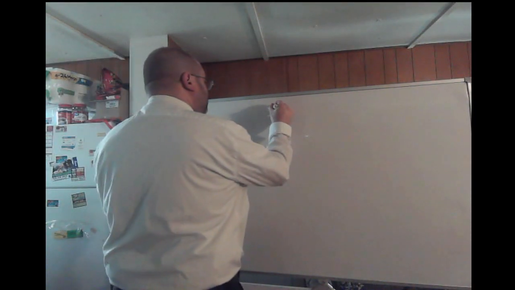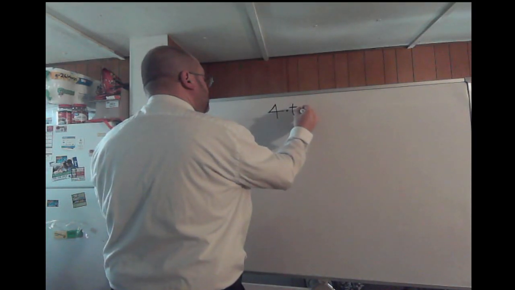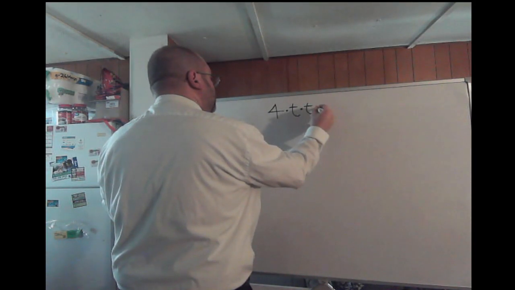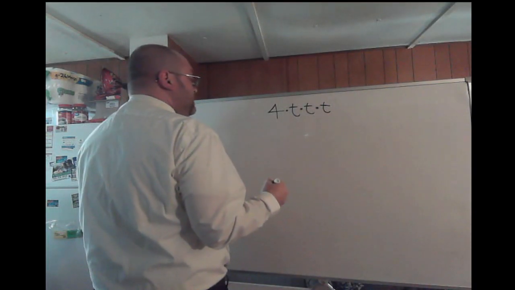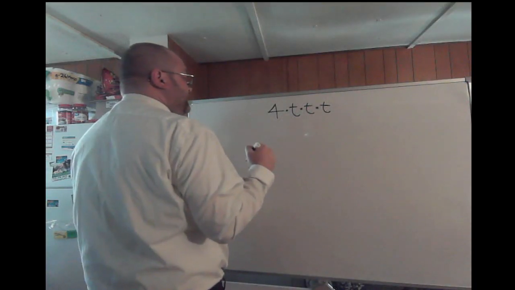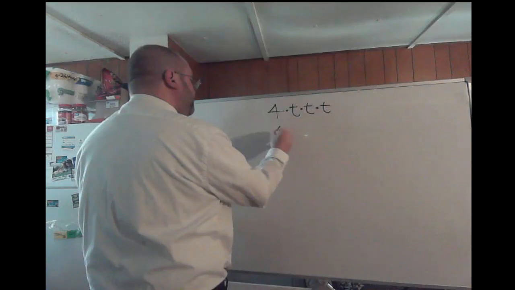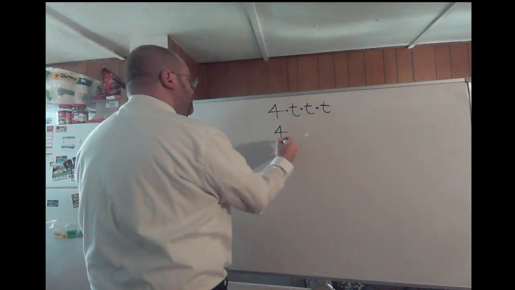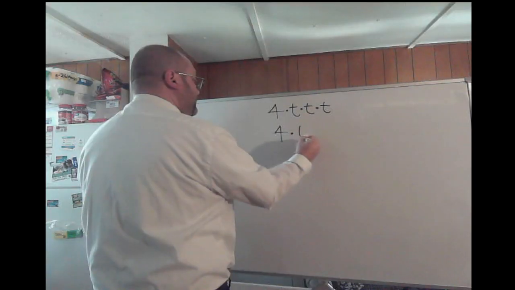Alright, now this is a little bit different. You have 4 times t times t times t. Well, it looks like we got repeated multiplication on the t. Whenever you have a coefficient, you keep the coefficient. You'll have 4 times, now you got your base t.